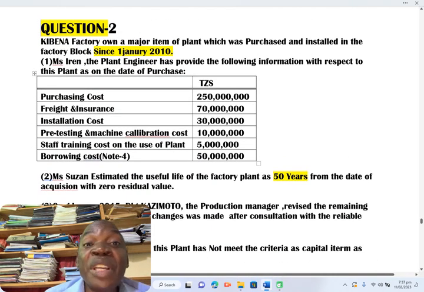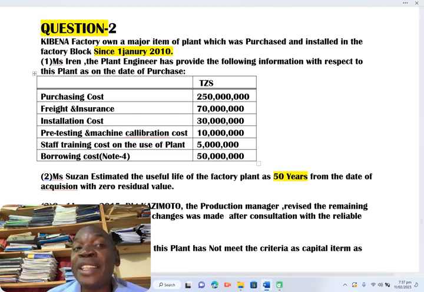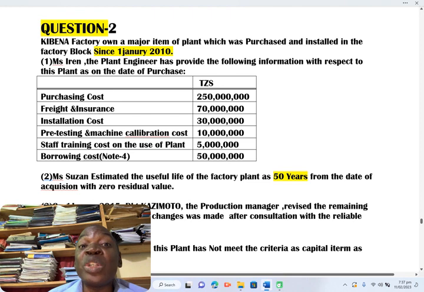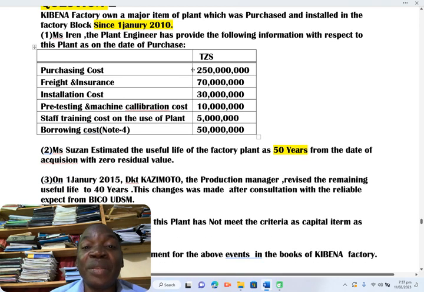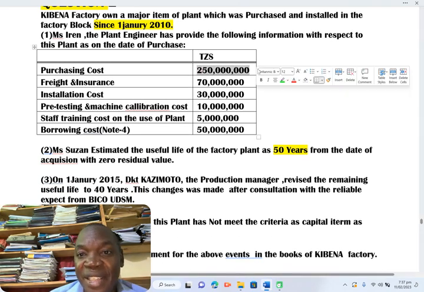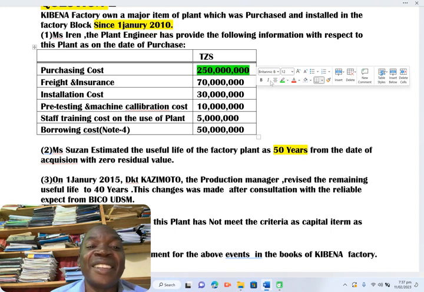Kibena Factory owns a major item of plant which was purchased and installed in the factory block since June 2010. Miss Eileen, the plant engineer, has provided the following information with respect to this plant as on the date of purchase. Purchases: do we capitalize? Yes.